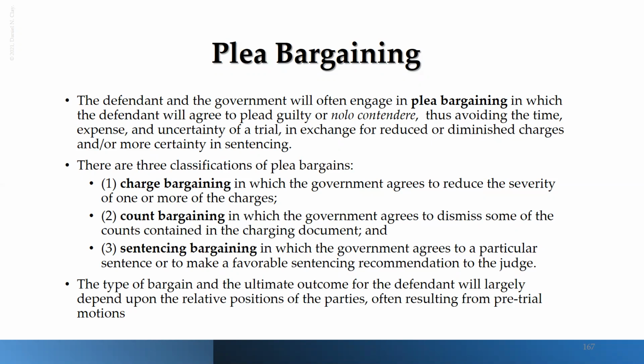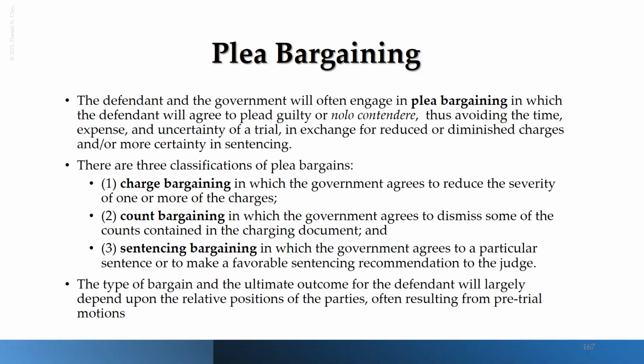If the parties both say 5 years, or both say minimum, or they say probation, or 10 years, whatever they say, if both parties say it, the judge is usually going to go along with it, unless there's some really, really good reason not to. The judge doesn't have to give a reason not to, but the judge does have to give a reason as to why they gave the sentence that they gave.